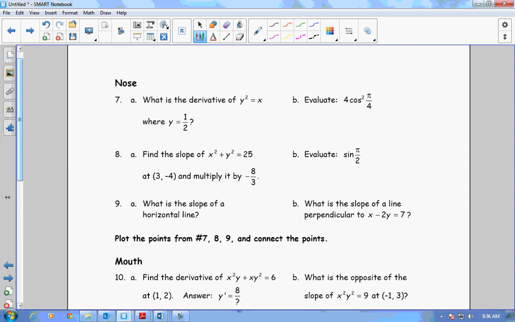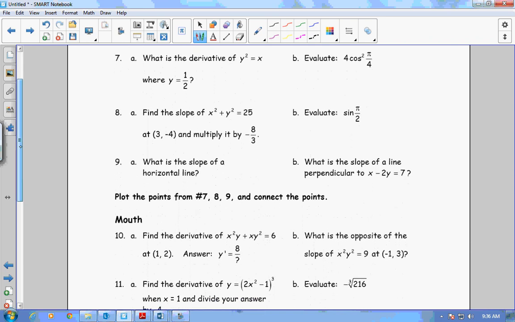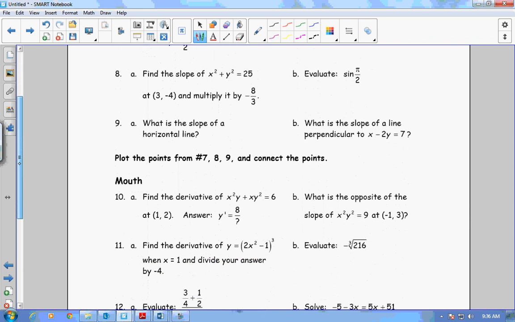So you don't know how to do that. So it's 8a. But we can at least evaluate. Oh no, we can't evaluate because it's hooked to a and a. So 7a and 8a involve implicit differentiation, which we were going to learn today, but we're not doing that.